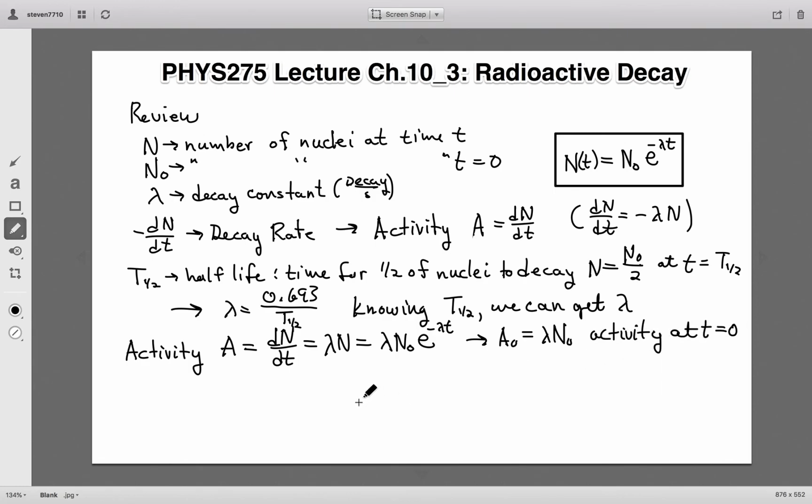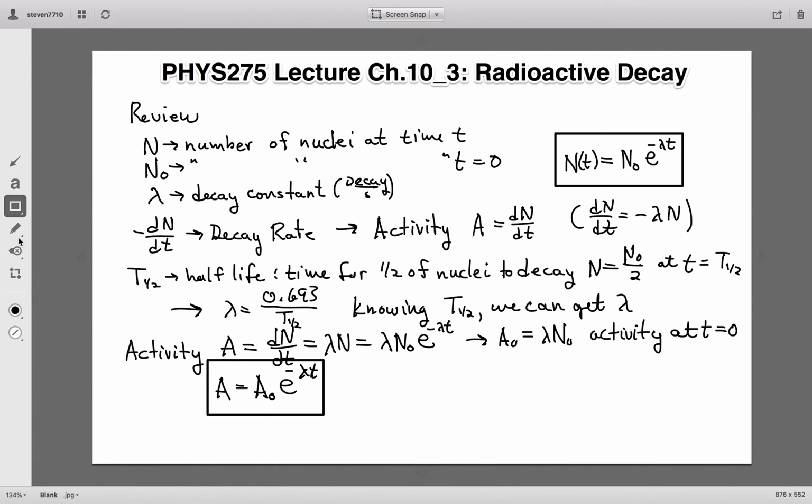Then we can write the activity by direct substitution, and as shouldn't be a surprise, your activity decays exponentially. That's important because that's how we're going to talk about measuring the age of a sample with a given amount of radioactive nuclei remaining.